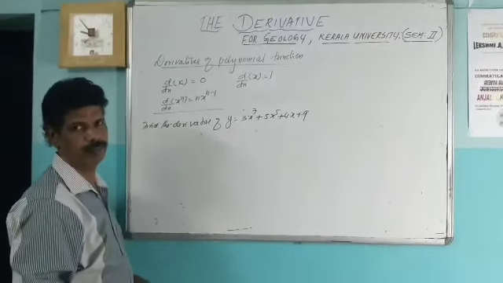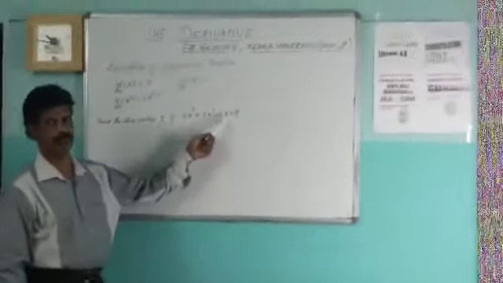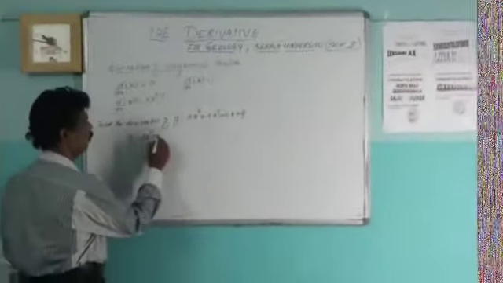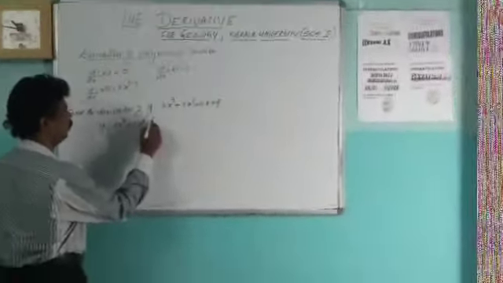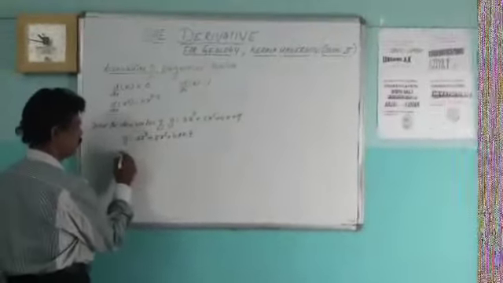Find the derivative of y equal to 3x⁷ + 5x⁵ + 4x + 9. Differentiate the function with respect to x.